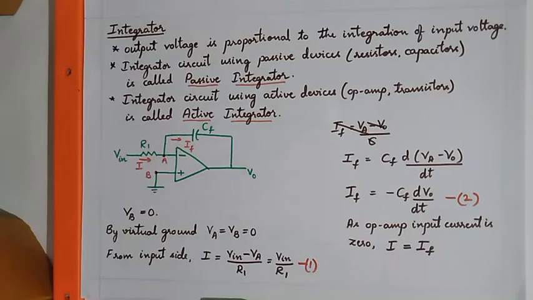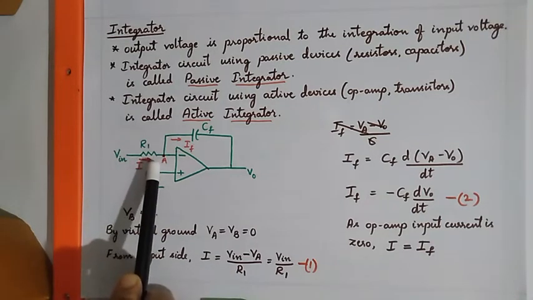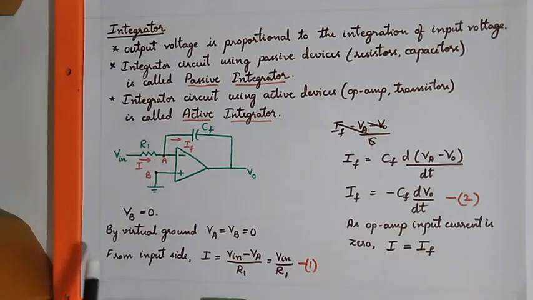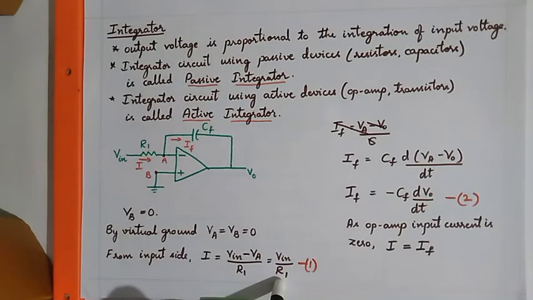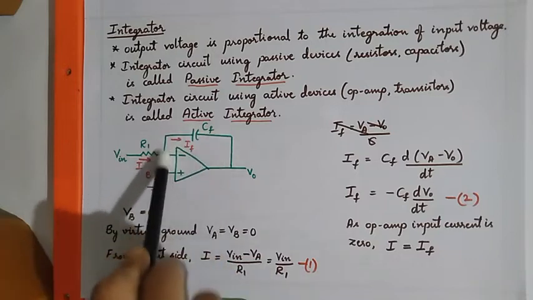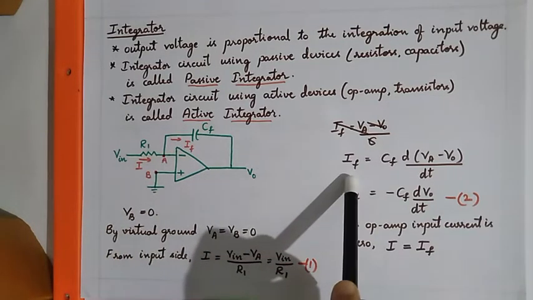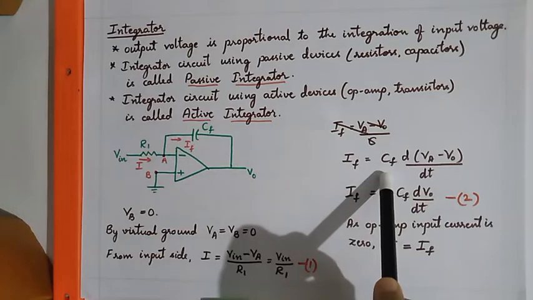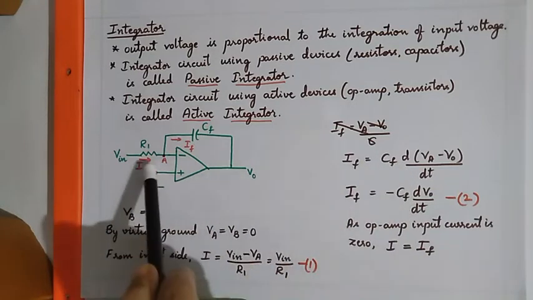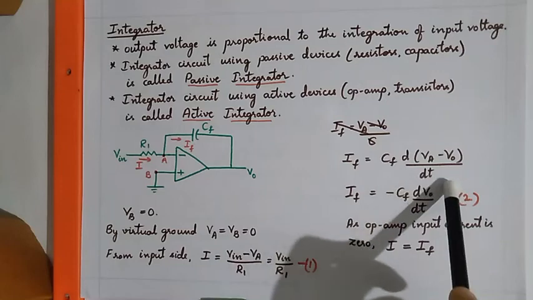Looking from the input side, we have the current I equal to Vin minus VA by R1. Since VA equal to 0, the equation reduces to Vin by R1. In the feedback loop, we have the current IF. IF equal to CF into d(VA minus V0) by dt.